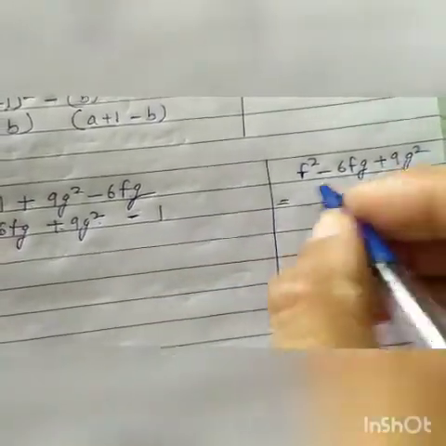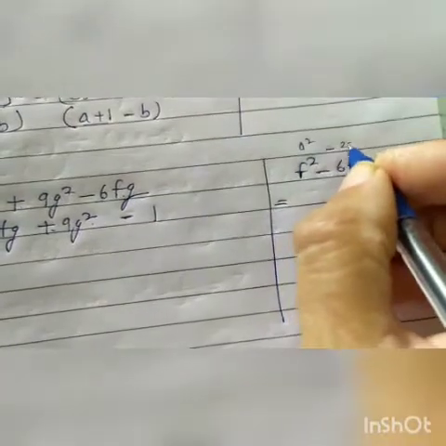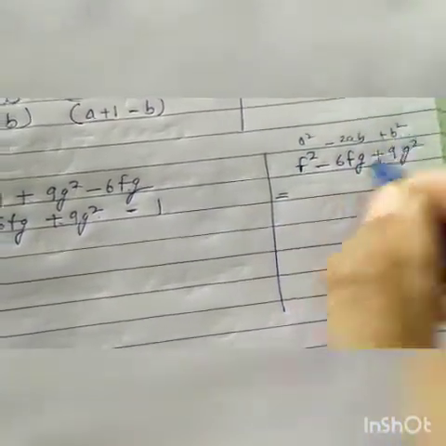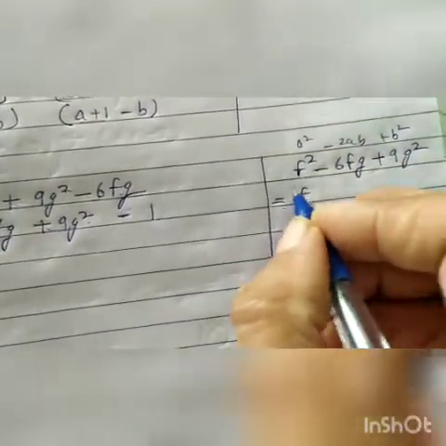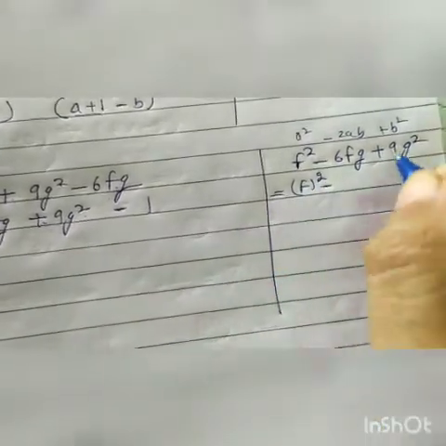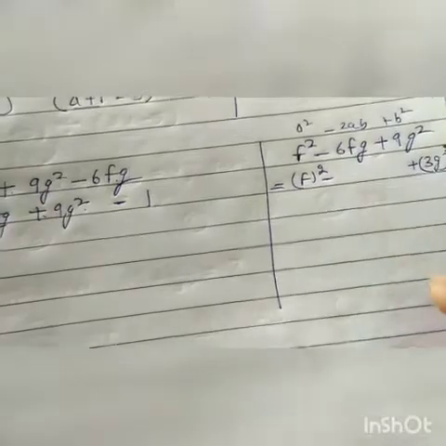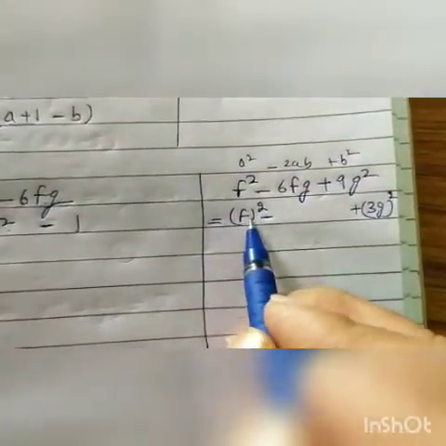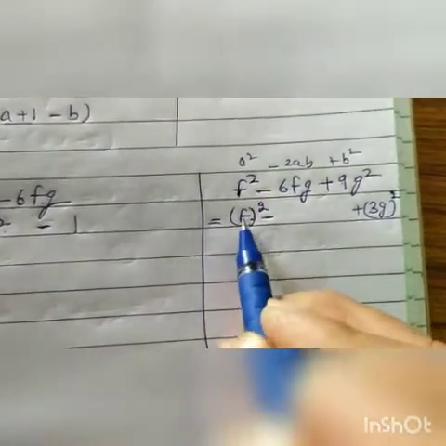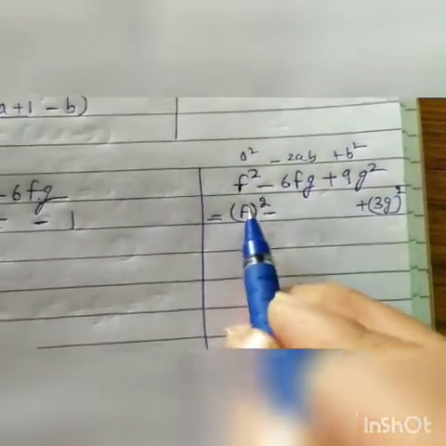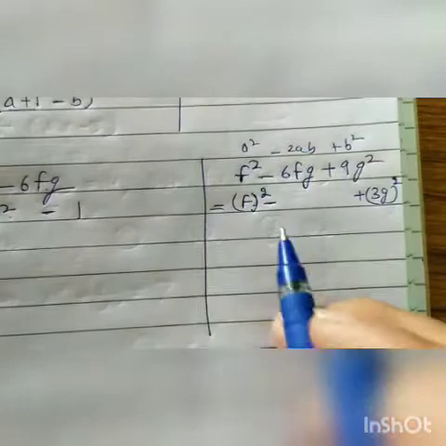A minus B whole square is A square minus 2AB plus B square. F square is the square of F, minus, then plus 9G square is the square of 3G whole square. Students, be very careful when you write this square. This square should be out of the bracket.